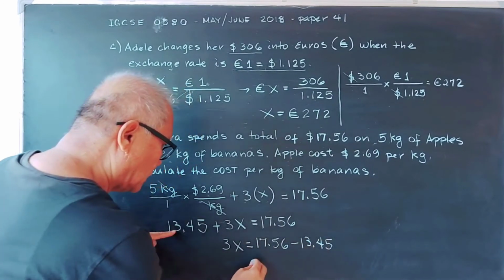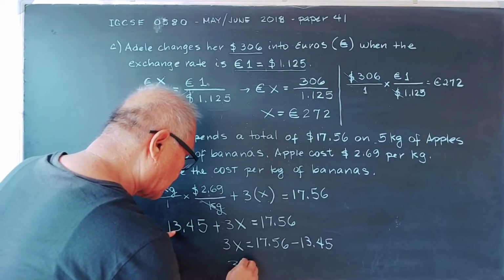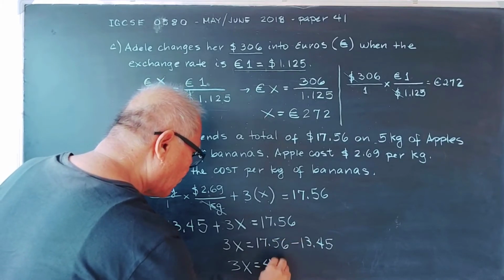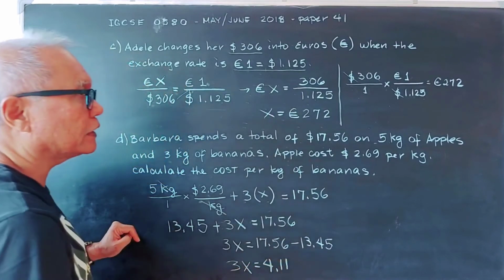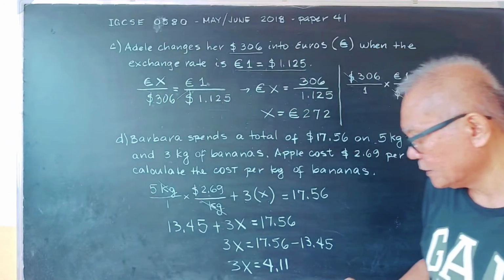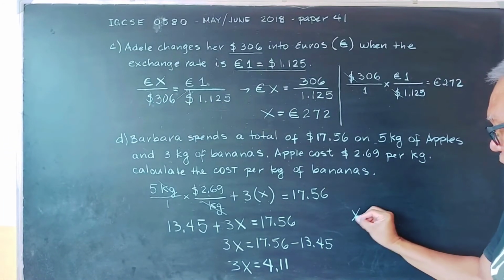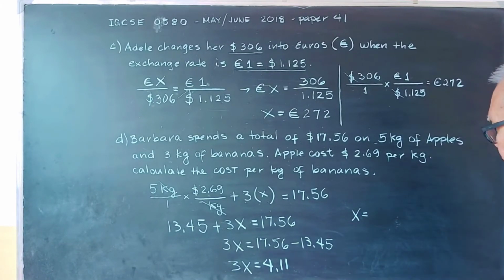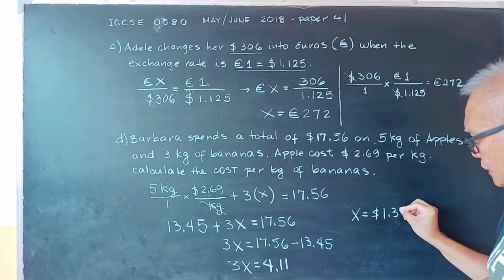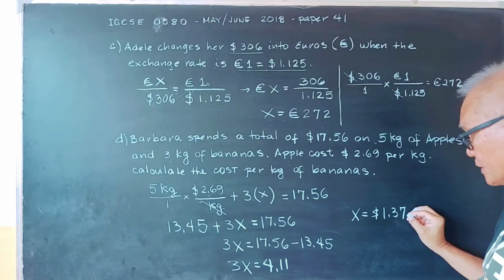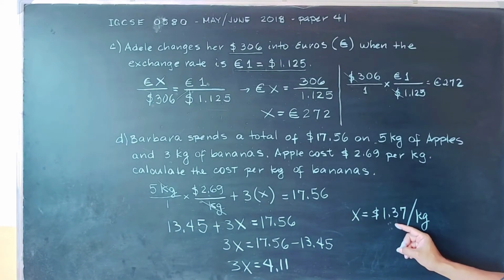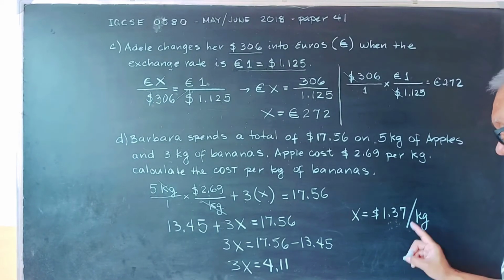Let's subtract this one, and we have 4.11 here, divide by 3. So our x here, if you divide this by 3, is $1.37 per kilogram. And this is the cost per kilogram of bananas.